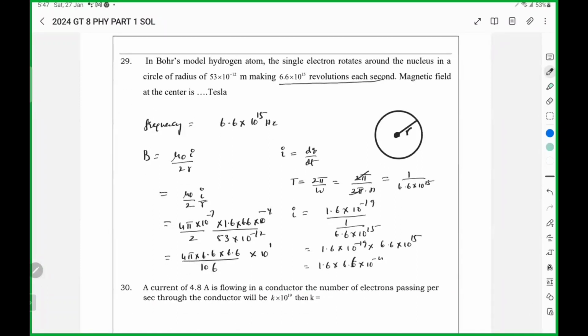It is 4 into 3, 12. 12 into 1.5, 18. 18 into 6, 108. Little more, maybe around some 1.2. After simplification, you get some 12.5 Tesla.